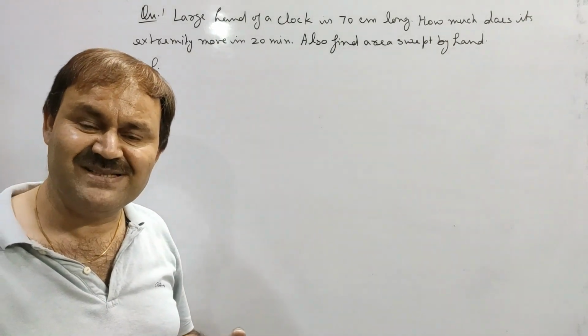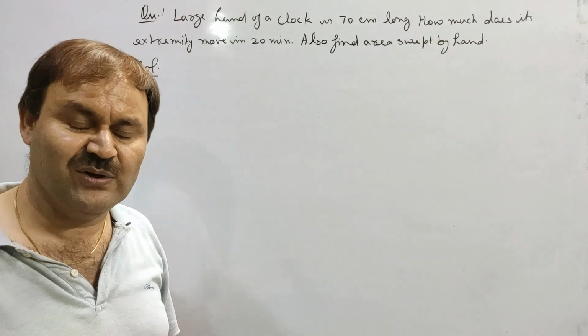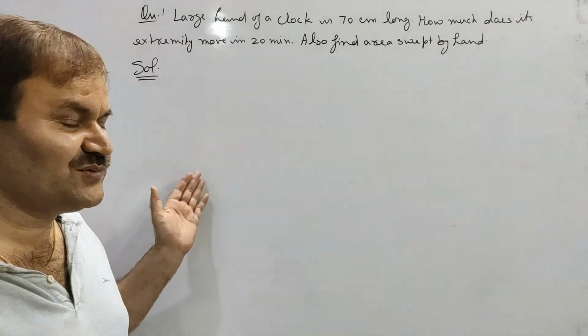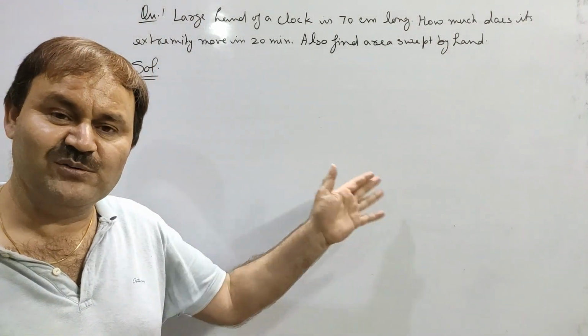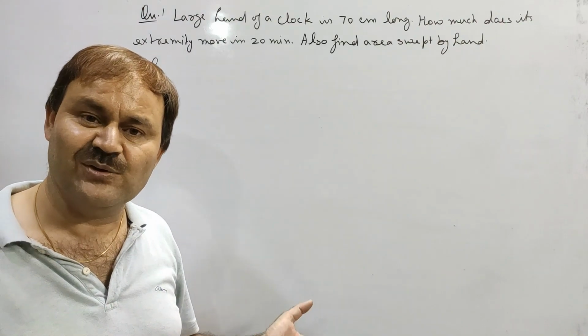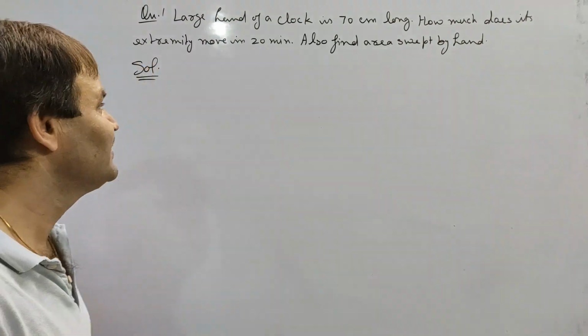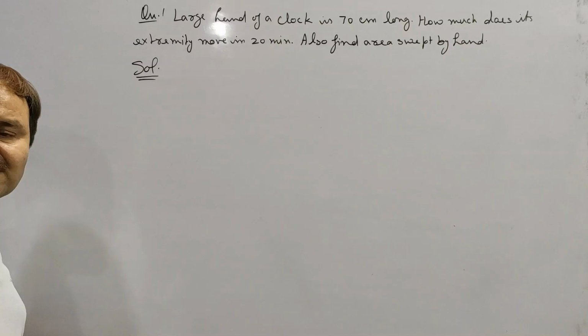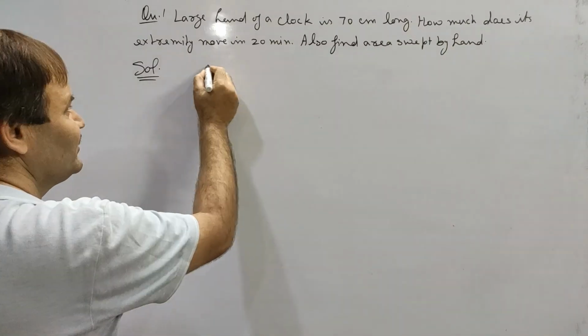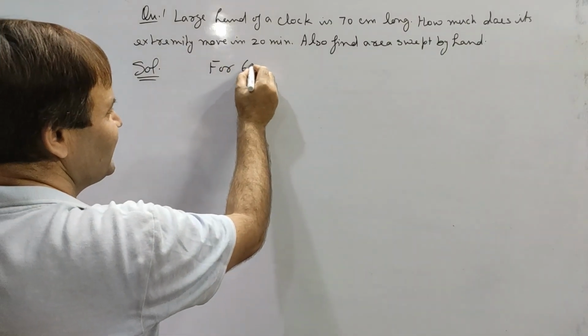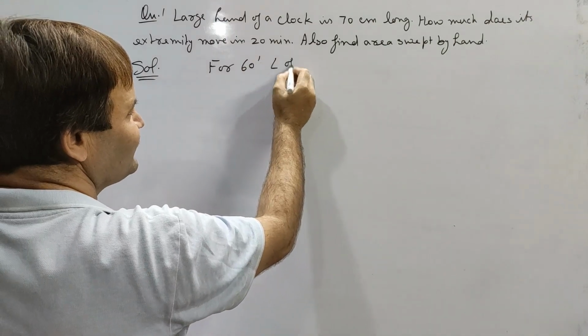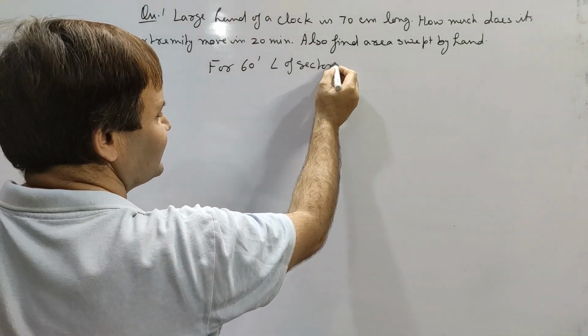We may measure the angle in degree or in radian, because for both we know how to determine arc length or area of sector.